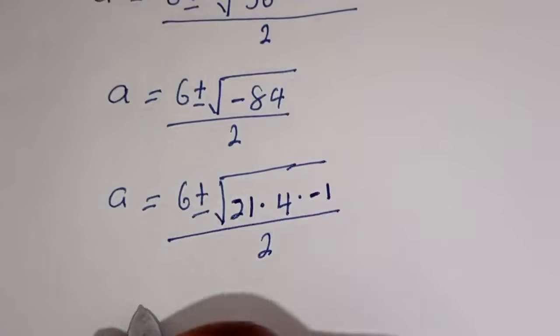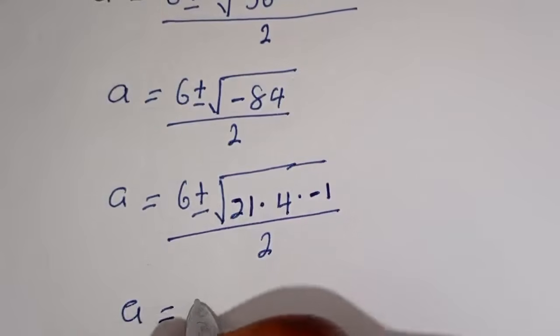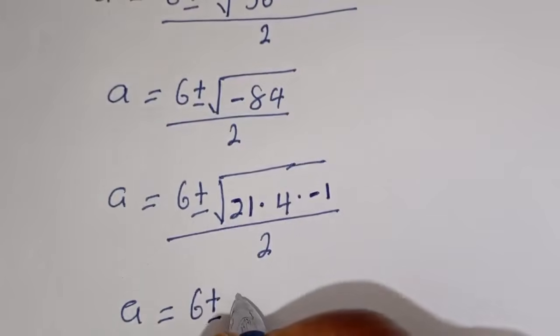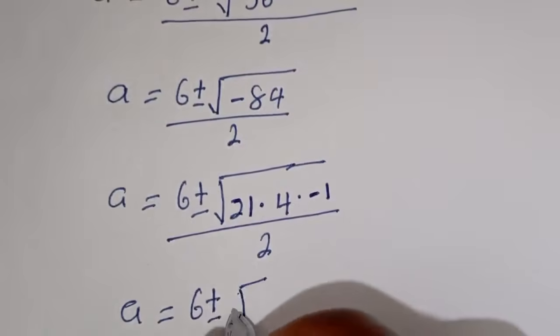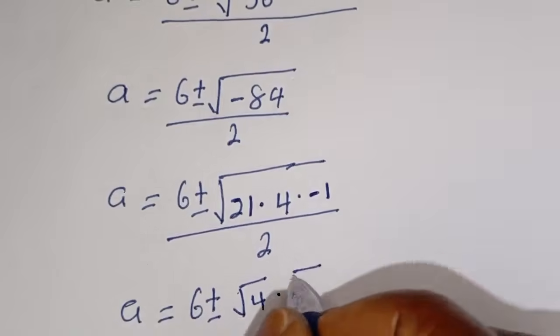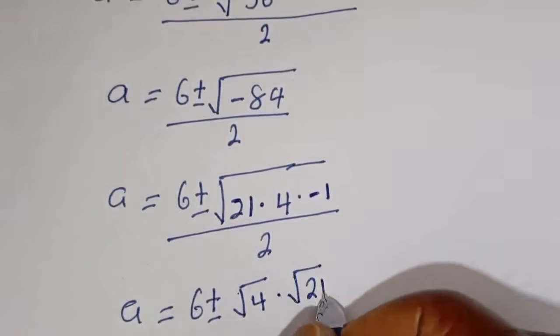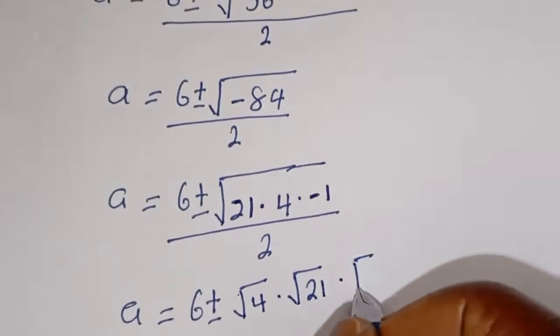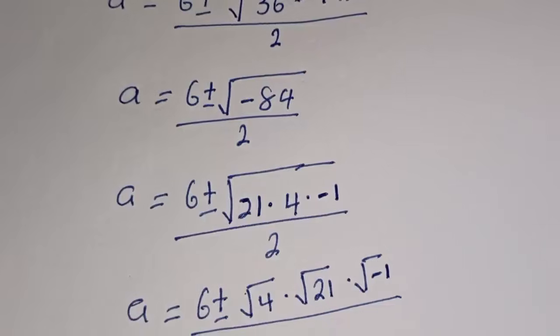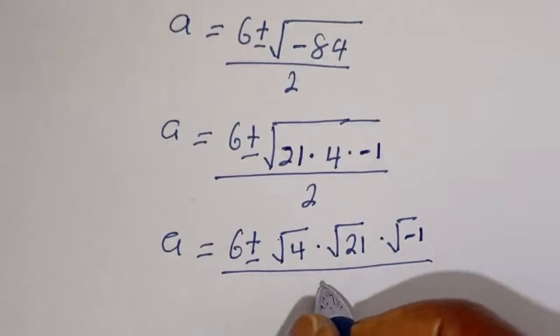Then a is equal to 6 plus or minus square root of 4 multiplied by square root of 21 multiplied by square root of minus 1, divided by 2.